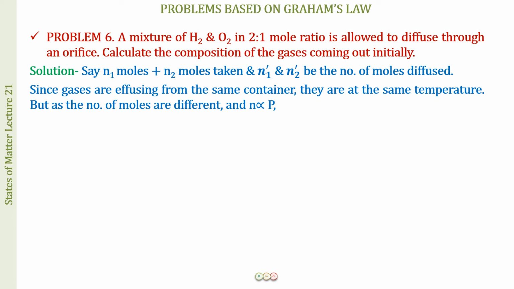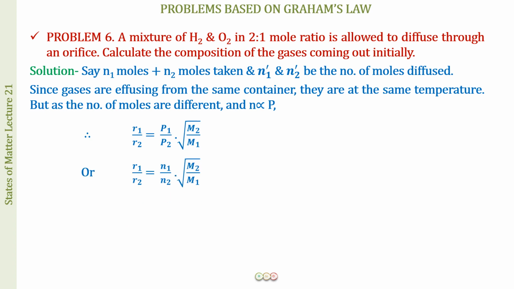And when the pressure is different, the rate of diffusion or effusion is going to depend upon the pressure of the two gases. So R1 by R2 is going to be equal to P1 by P2 into under root of M2 by M1. Again, this is something that we have learned previously in the last lecture as well. So I hope now this is clear to you with this example.